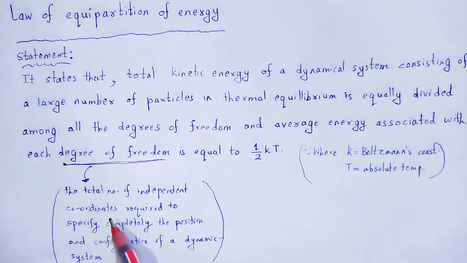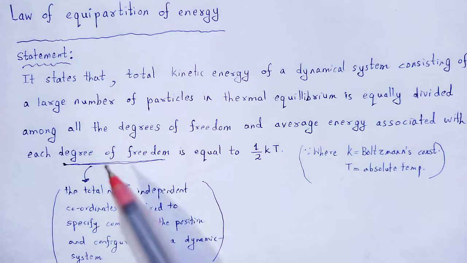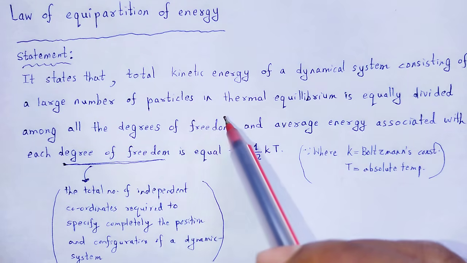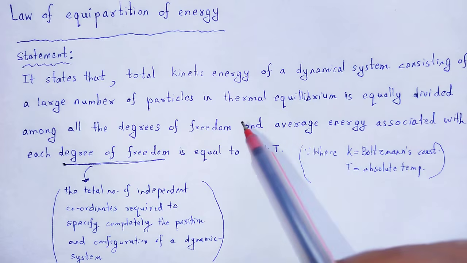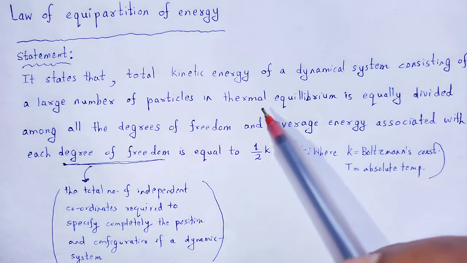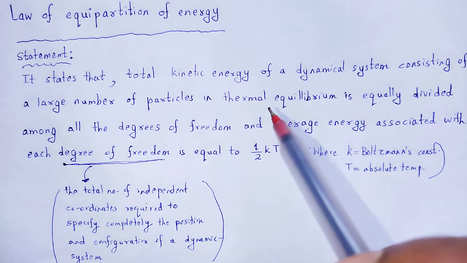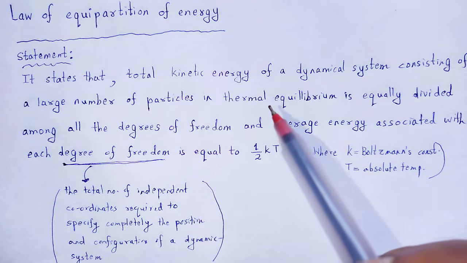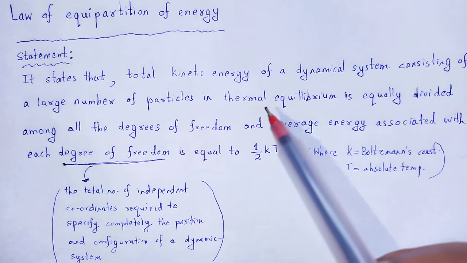What are degrees of freedom? Degrees of freedom is the total number of independent coordinates required to specify completely the position and configuration of a dynamic system. For example, if we consider a particle moving linearly, that is in one dimension, the number of independent coordinates required to describe its position and momentum is one, so its degrees of freedom is 1.